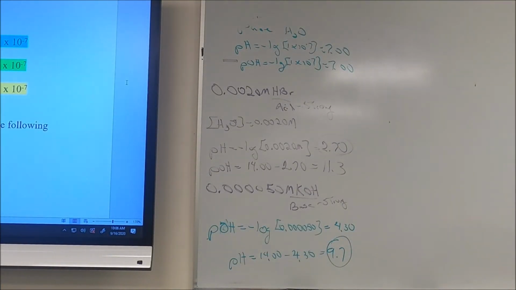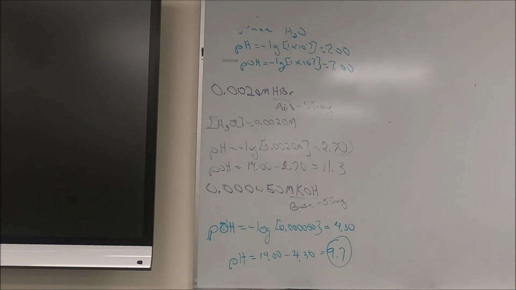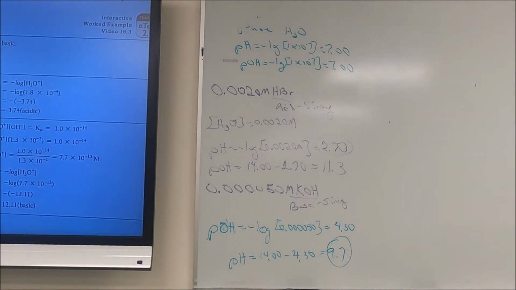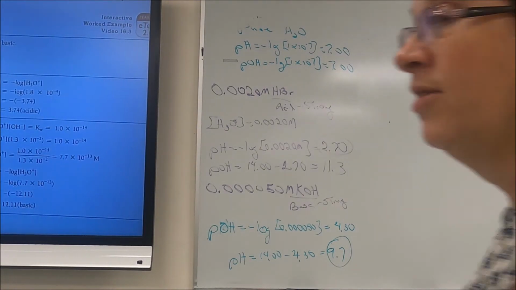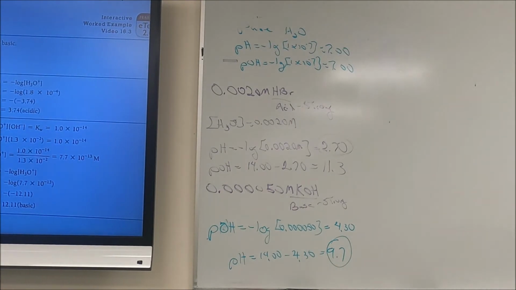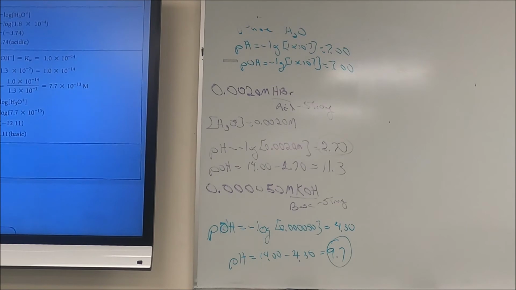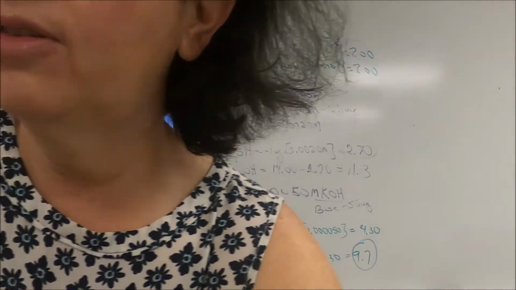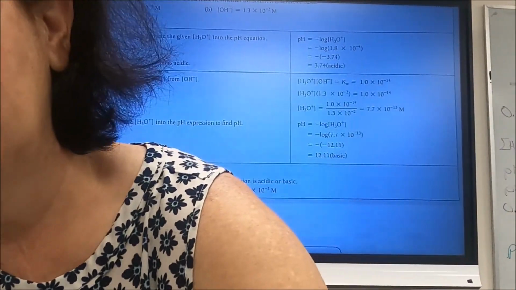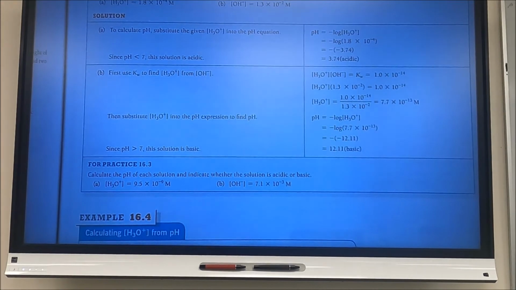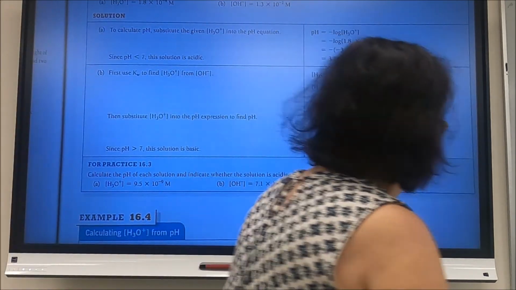Problems 16.3 and 16.4 are both on page 699 in your textbook. We look at problem 16.3, it says calculate the pH of each solution and indicate whether the solution is acidic or basic.